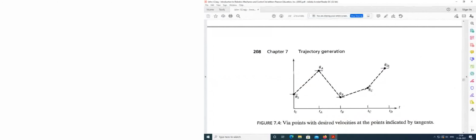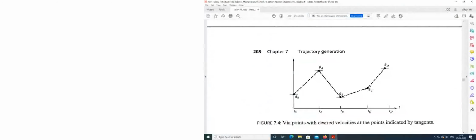What about the condition which I can have over here? Each of TA, TB, and TC. And at those points, what do I know? One thing I know is theta, because when t is equal to ta, theta has to be theta a, right?